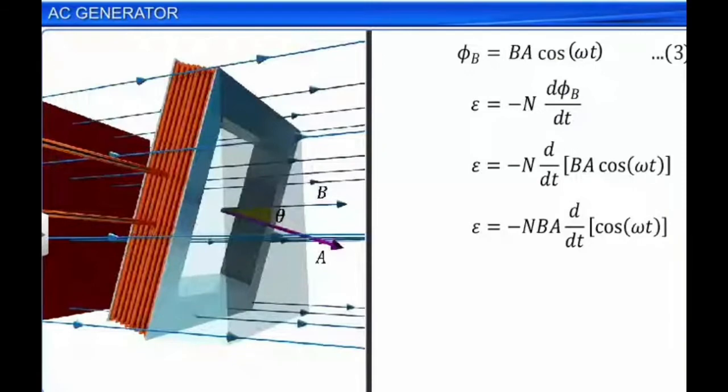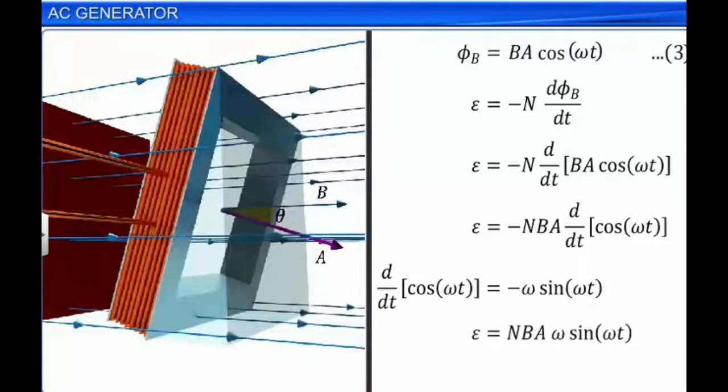From differential calculus, d by dt of cos omega t is equal to minus sin omega t into omega. That means minus omega sin omega t. On substituting this result, we get epsilon to be NBA omega sin omega t.